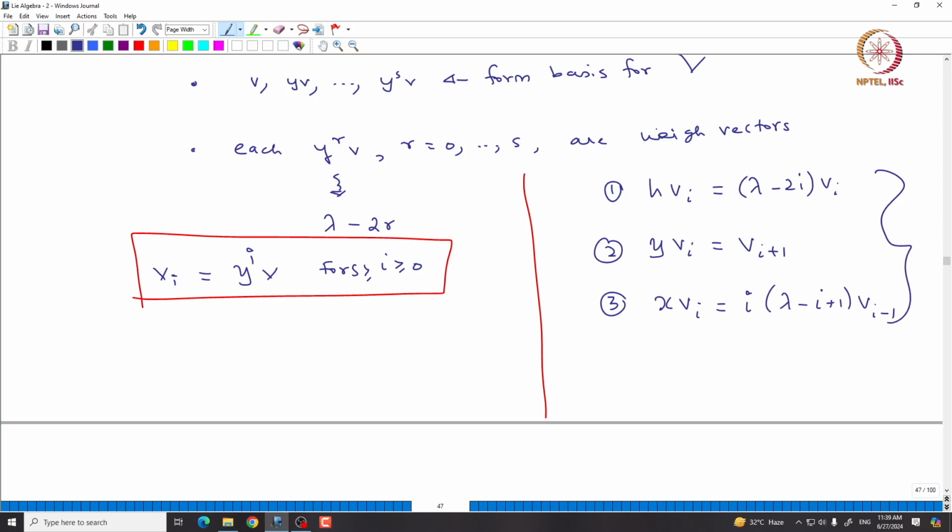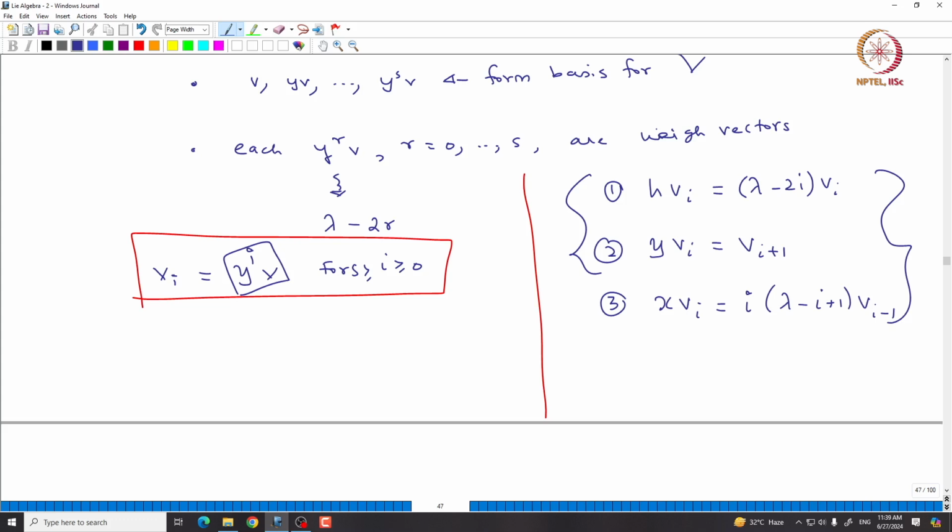There we normalized these vectors y i v as 1 divided by i factorial into y i v. So, slightly different formulas, but now we are doing it from scratch. It is easy to prove the first two, so I will leave it as an exercise.